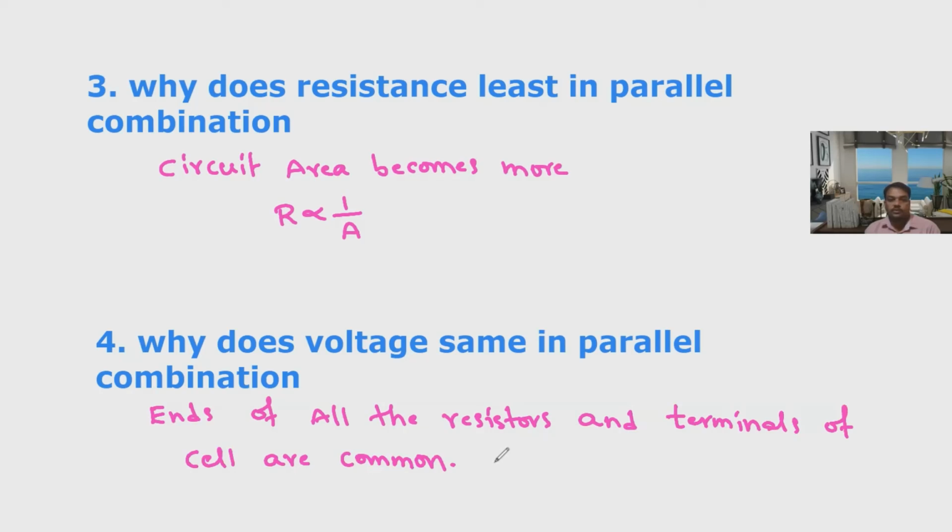So the voltage of the source is taken as the voltage across each resistor.